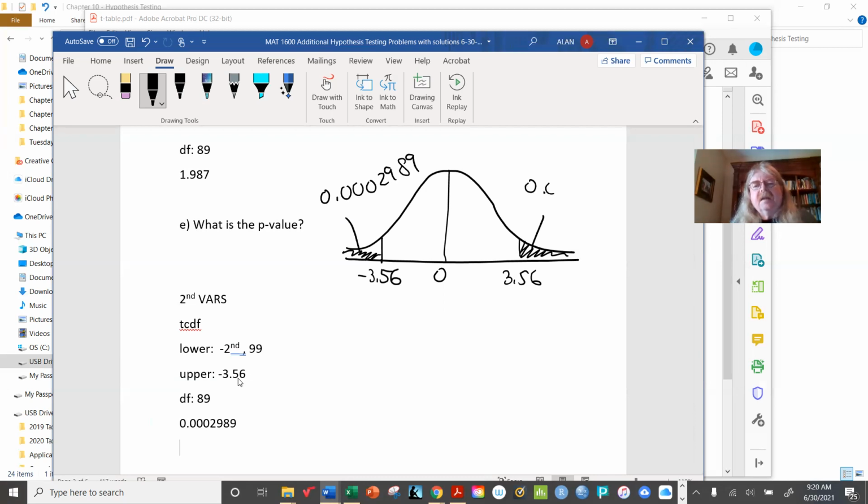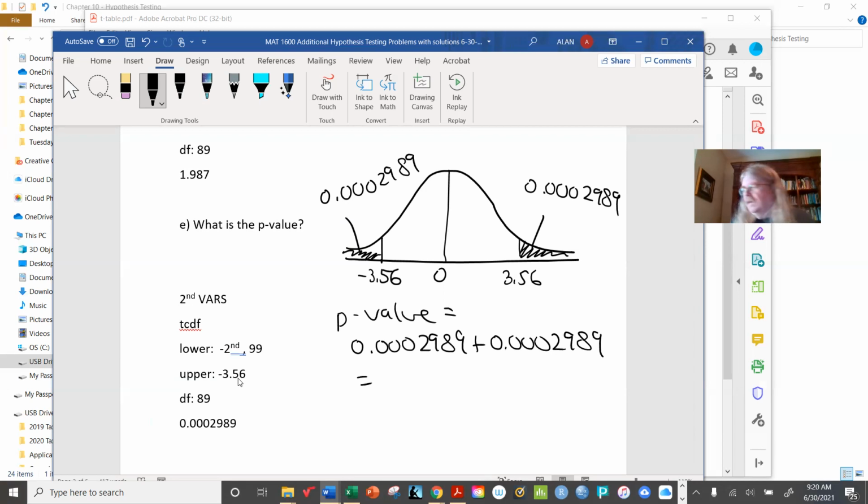You have to add these up, and this is only true of a two-tail test, by the way. 0.0002989 twice works out to be roughly 0.0005978.